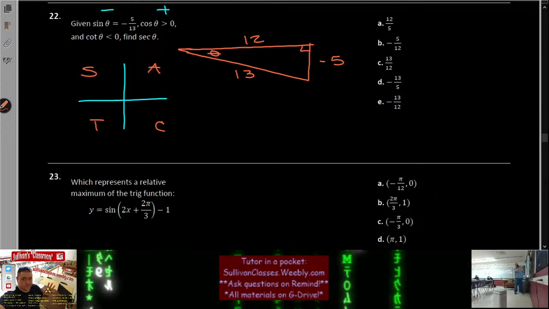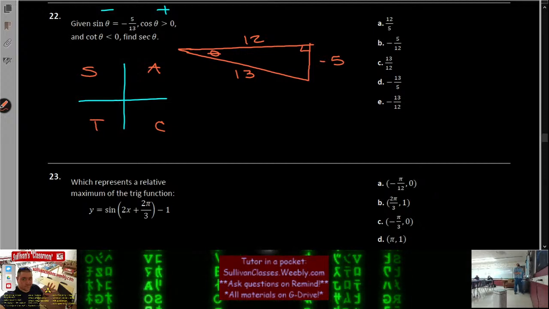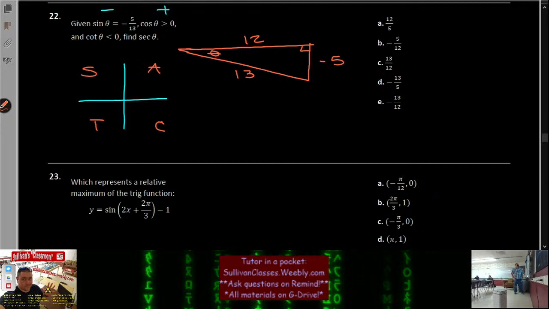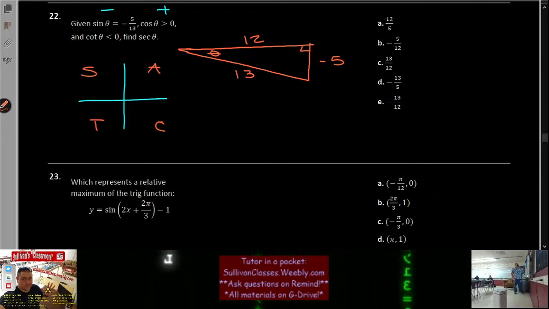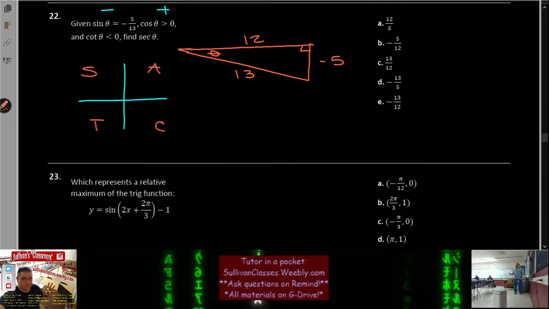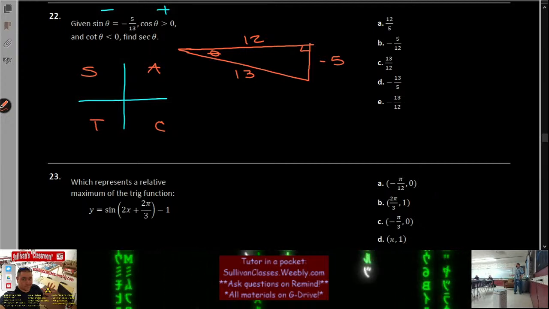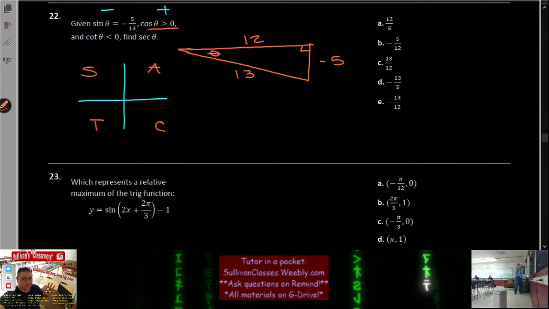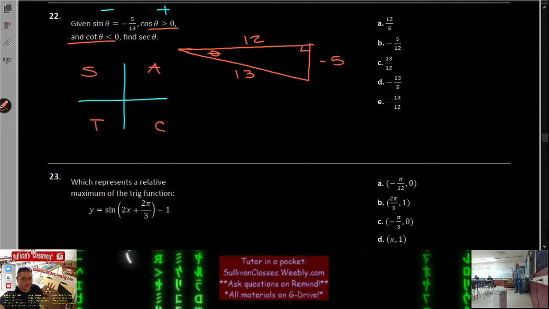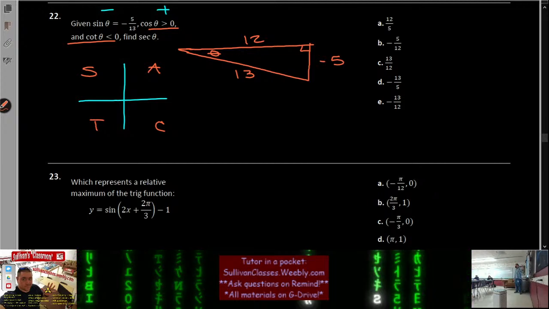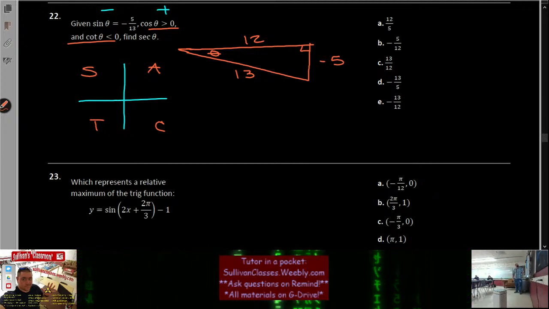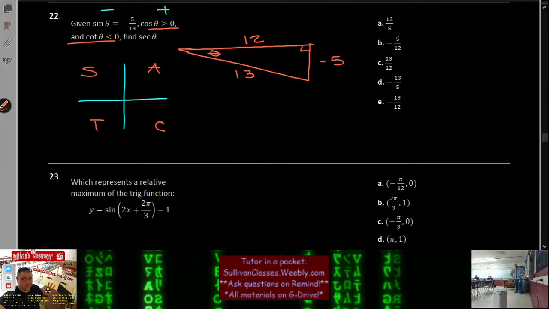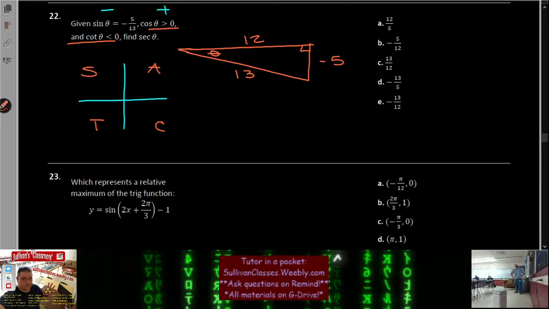But once I've got that, it does say cosine is positive. Cotangent is negative, wasn't actually necessary to have that second part on there, right? In fact, you could have used either one of those to figure out it's going to be in quadrant 4. You could use either one.